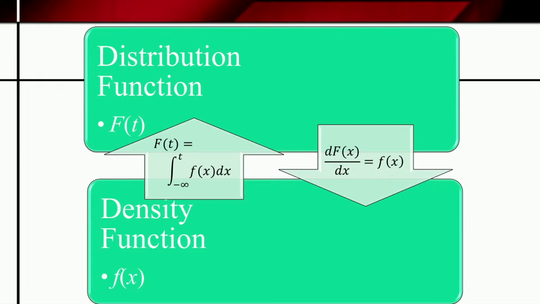The density function is the function that we're going to use most of the time to compute probabilities, even though probabilities are defined in terms of the distribution function. The reason is that a density function, we can apply calculus to it to get the distribution function. So there's going to be this relationship between a density function and a distribution function.